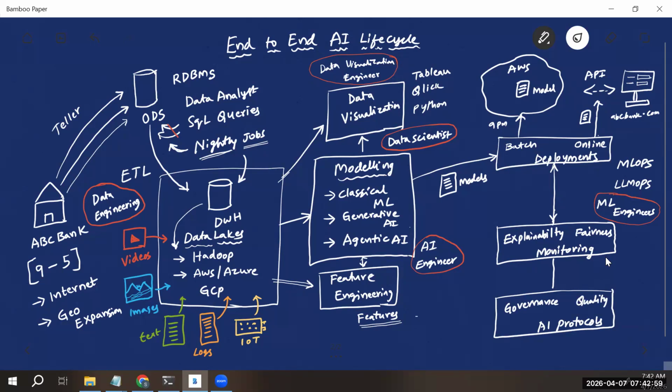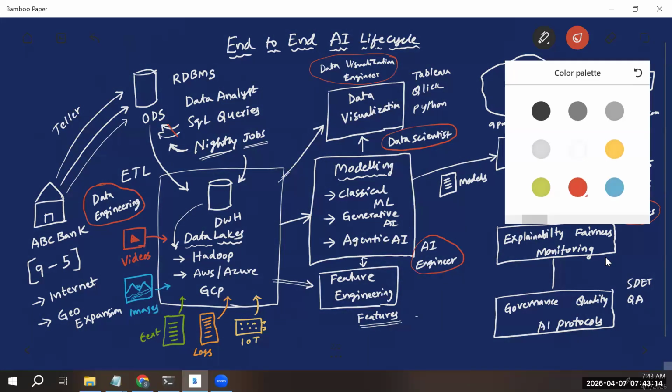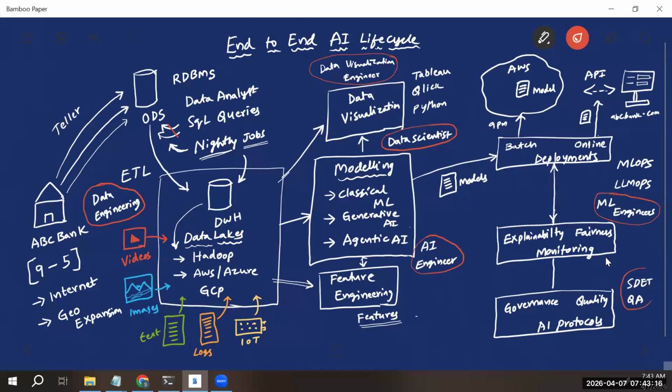So we need AI quality. This is where the AI quality engineers, the SDETs, who are also called machine learning testers, AI testers, the QA people. This is one very essential role.